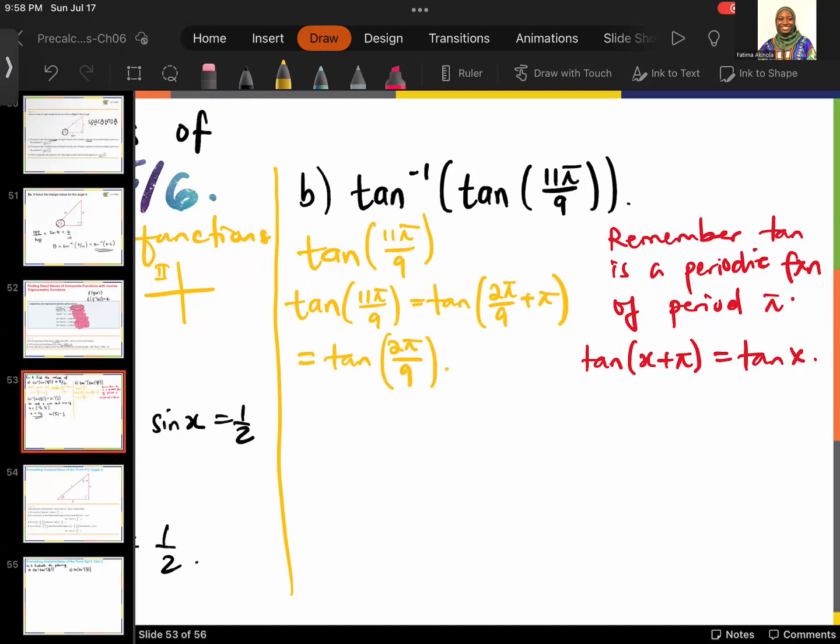So I have used the periodic function notion to reduce our angle. 11π/9 is a little bit in the third quadrant, somewhere here. We know in there that tan is positive, so that's good.